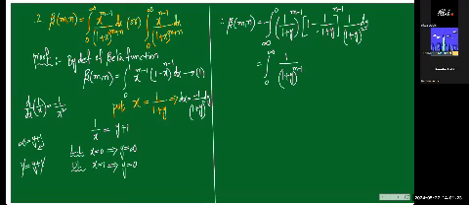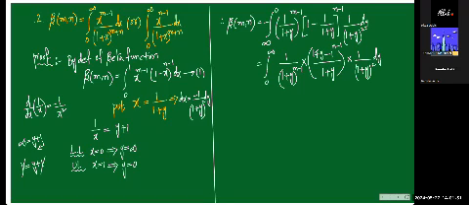Correct? And now, if you simplify, what is the LCM here? 1 plus y will be the LCM. 1 plus y minus 1, whole to the power of n minus 1, into 1 by 1 plus y whole square into dy.